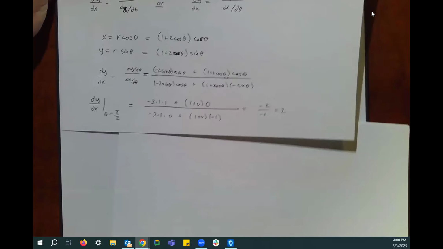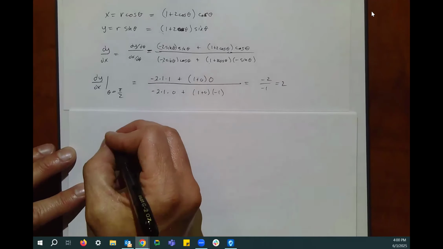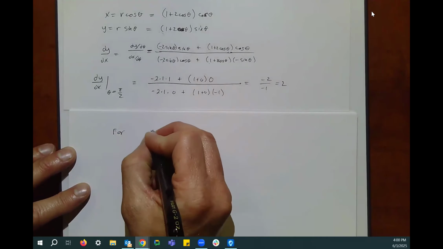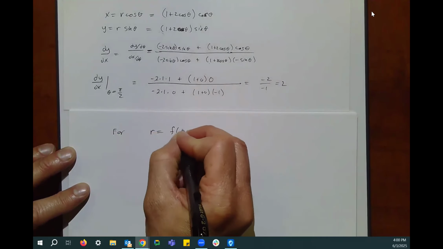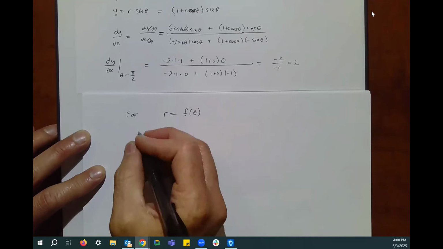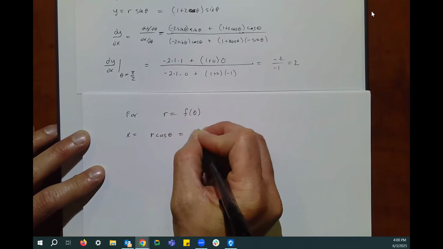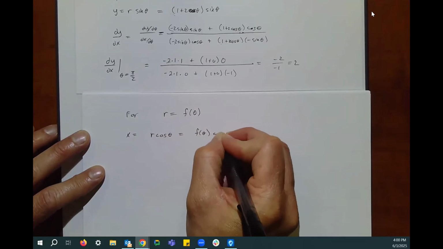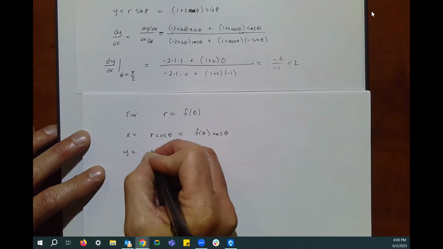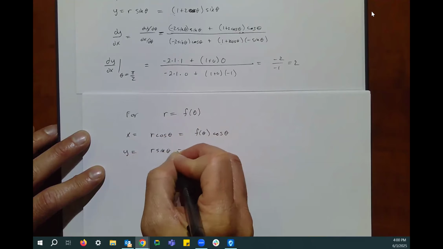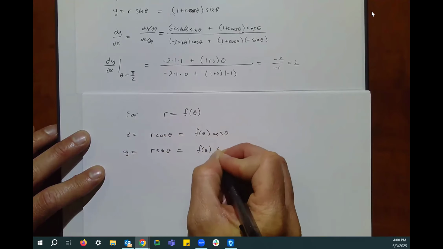So the slope equation for polar coordinates is kind of gross, because what you're more generally doing is saying, for r equal to some function of theta, you're letting x equal r cosine theta, which is f of theta times cosine theta, and y equal r sine theta, which is f of theta times sine theta.